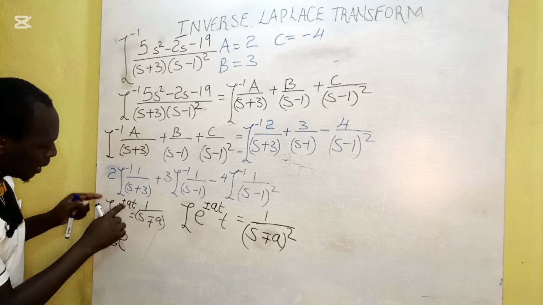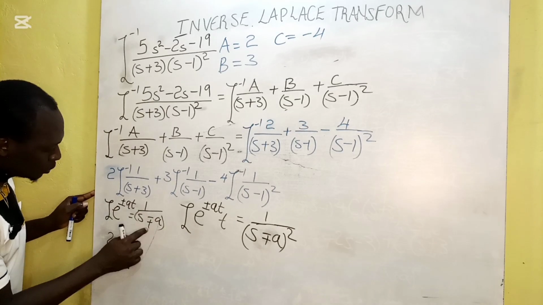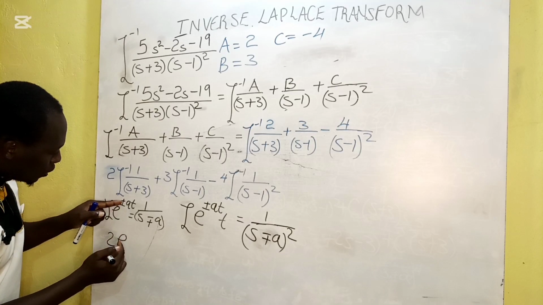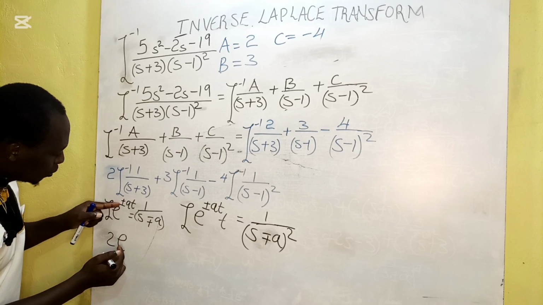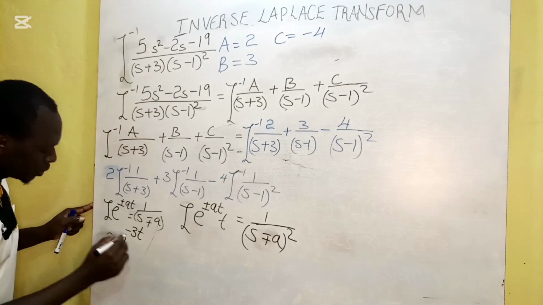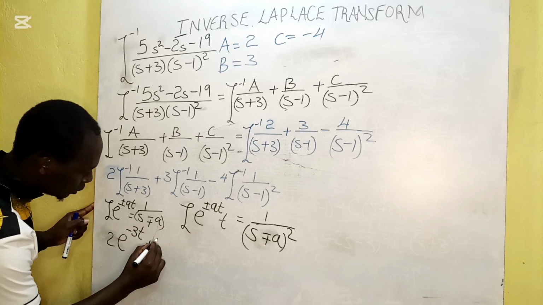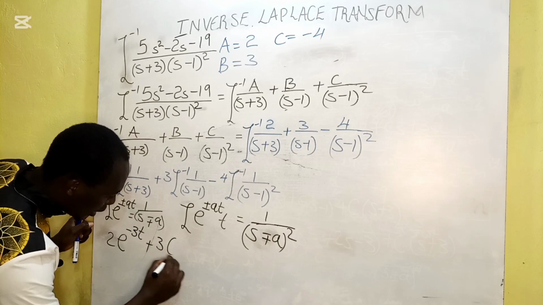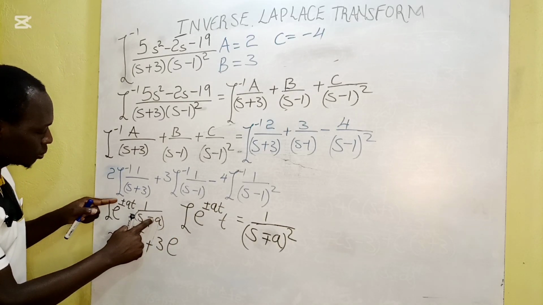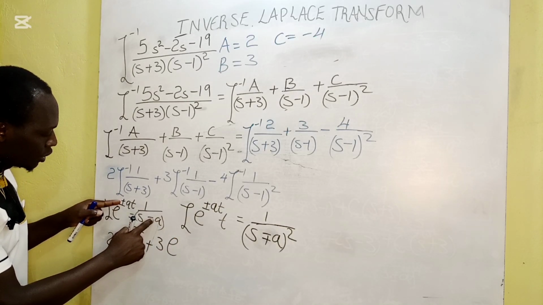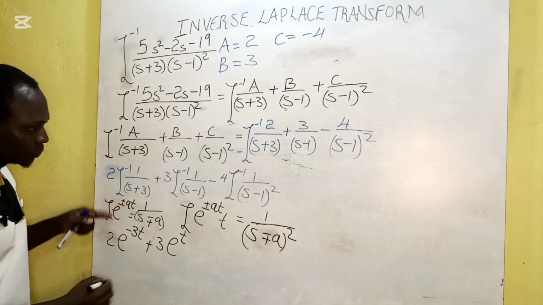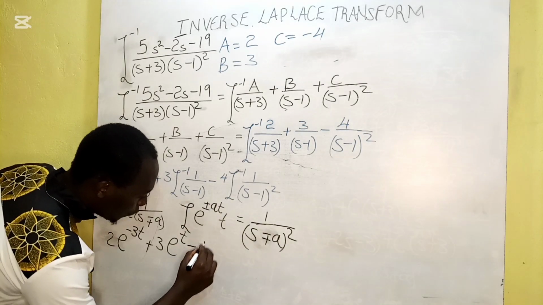When we are having here a positive a, it means that on the numerator we are going to have a negative 3t. We come and add 3 exponential. Here we are having now a negative of 1, it means that the coefficient of t is going to be now a positive t. We come and subtract 4.